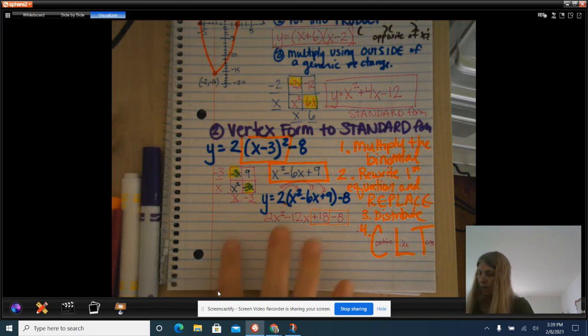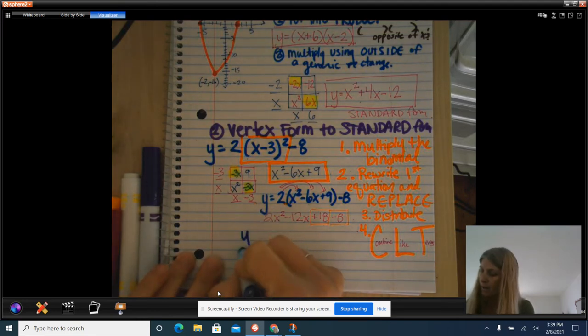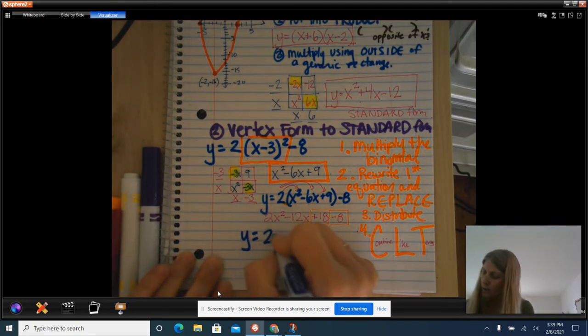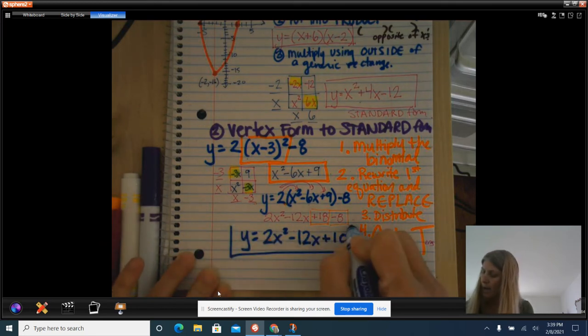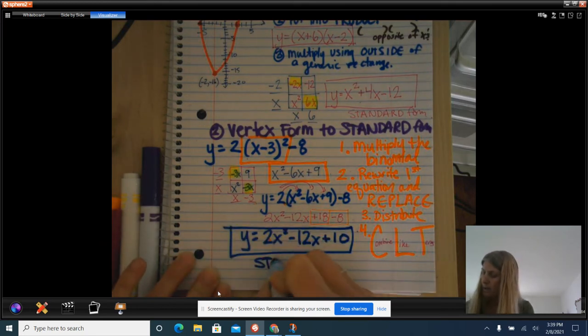So we have, for our final answer here, we're going to add that y equals on the end again. y is equal to 2x squared minus 12x, and then 18 minus 8 is positive 10. And now notice that we have our answer in standard form.